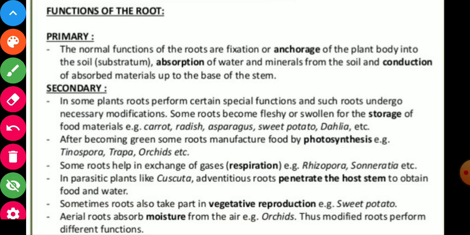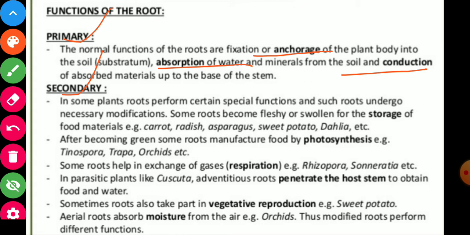And functions of the roots. So roots have mainly two functions: primary and secondary. The primary function of the root is anchorage, to make the plant stable in the soil, to make it stand erect, and absorption of minerals and water from the soil, and conducting it to the other parts of the plant.